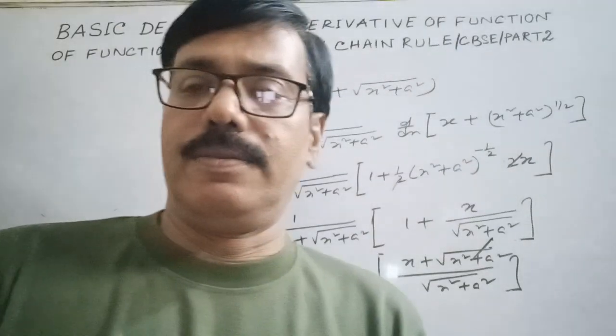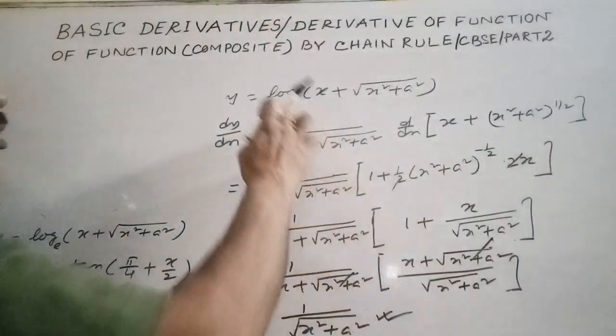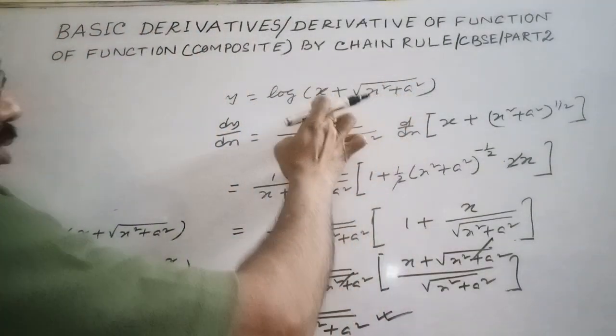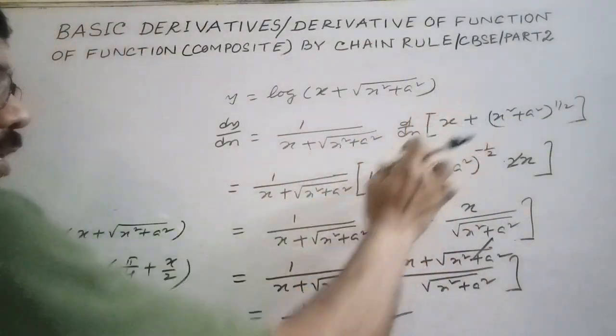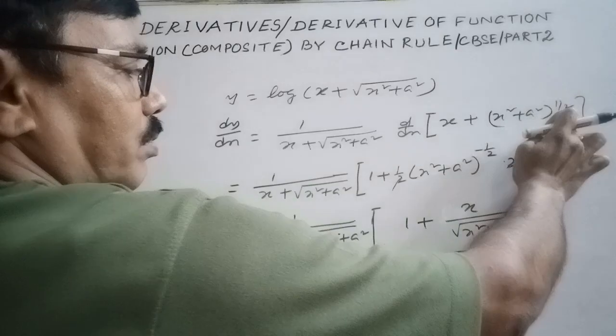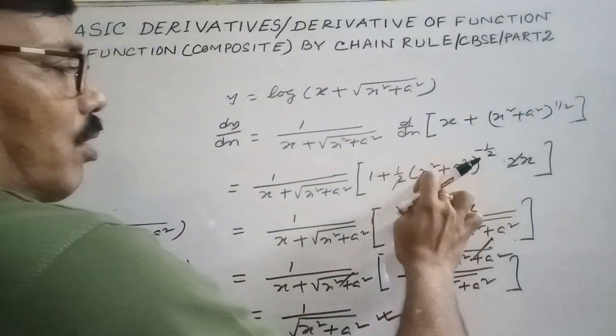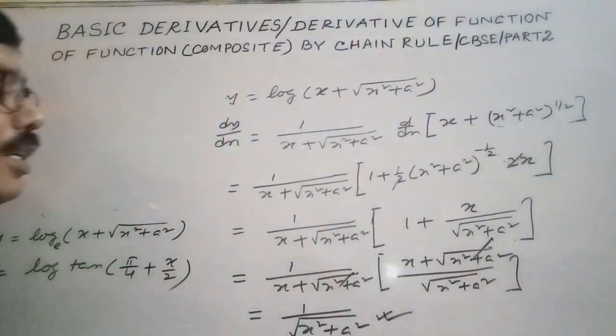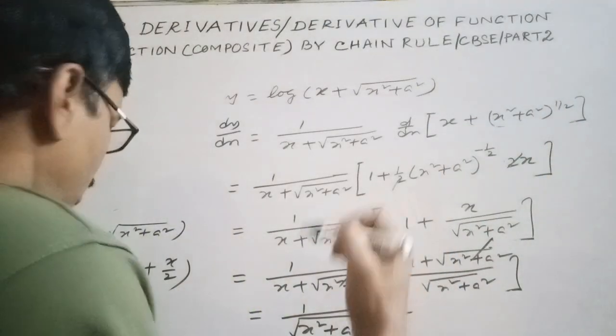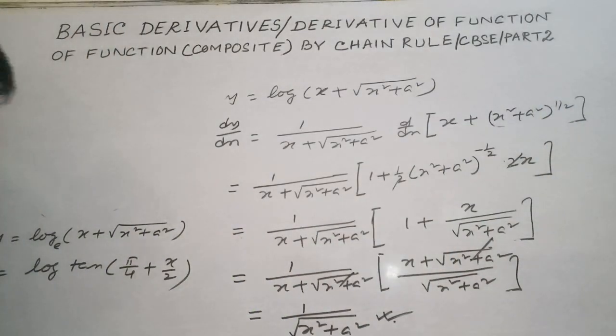So listen again, main function is log, this one is argument, so 1 by x d dx of this. Now derivative of x is 1, so power is half come forward, power diminished by 1, into d dx of argument. So simplify and you get the result.